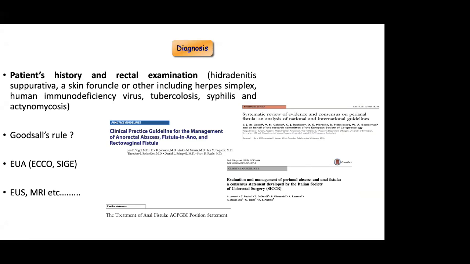Moreover, especially in Italy, not so much in the UK, endoanal ultrasound is one of the most important instrumental tools that we can use to define and decide the surgical treatment.